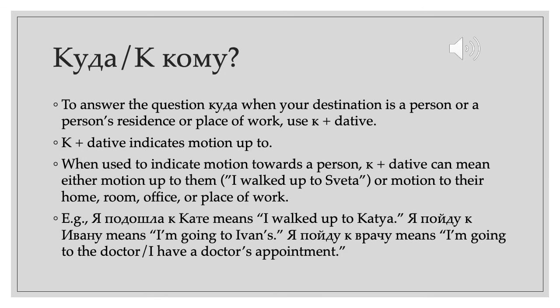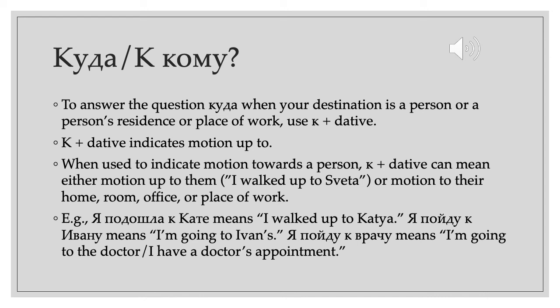And then finally, if we want to answer the question куда, where are you going, in reference to a person rather than a place, we use the construction к plus the dative. К plus the dative indicates motion up to, and like these other prepositions, you can also use it with places or spaces if you are indicating motion up to the exterior of them.